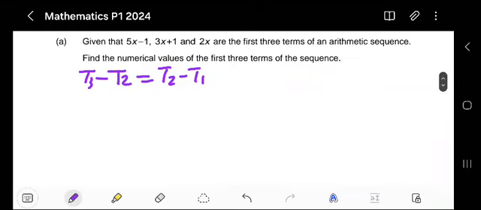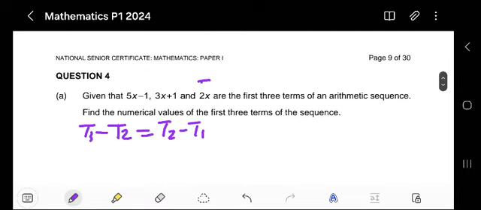It's up to you which one you prefer. We can start from here. So here I'll have T3 is this one. Let me just show you guys.